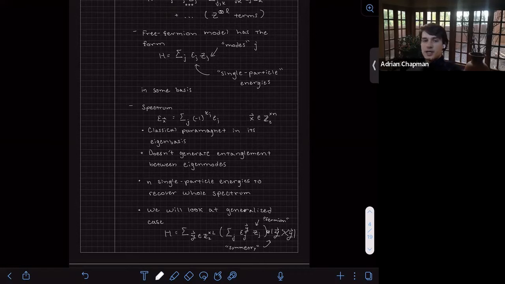So in principle, they can look like anything, but the models we're going to consider allow us to do this decomposition and recognize exactly what each part looks like. Okay.